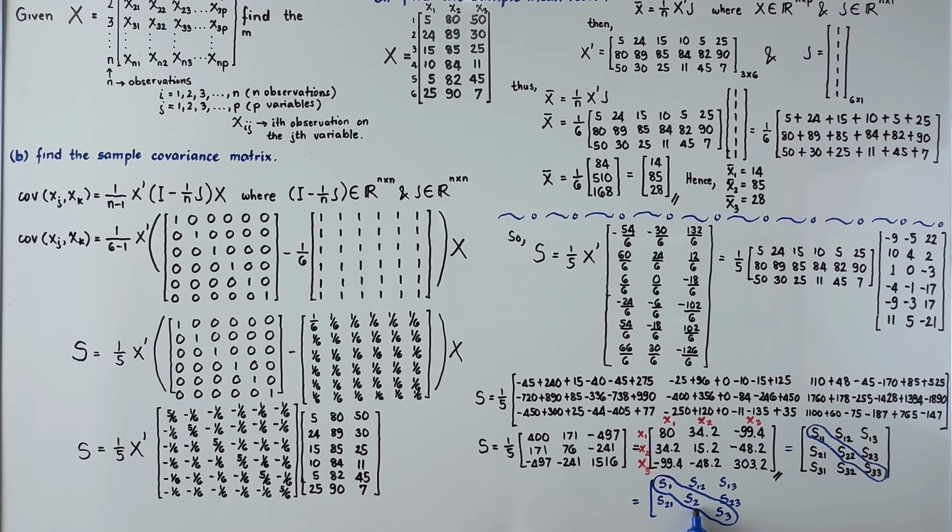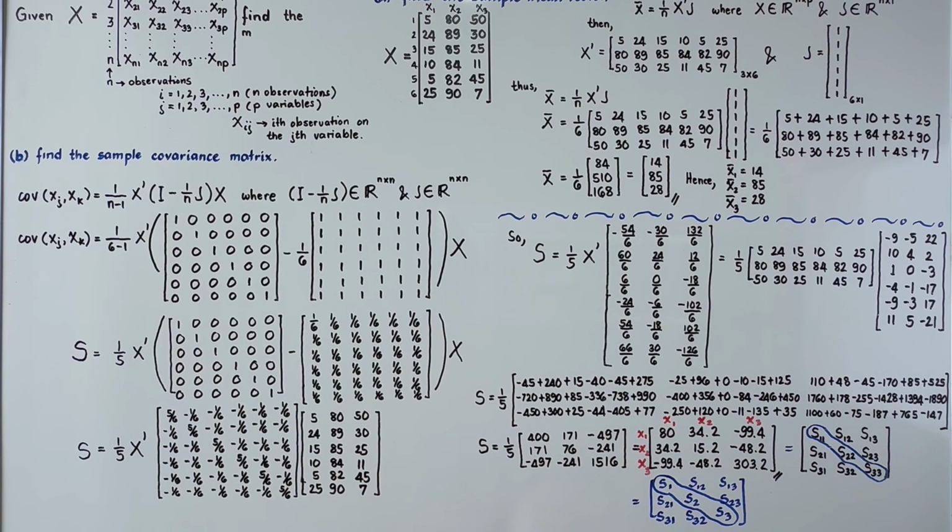So that's the variance of the second variable. So we have also here S31, because this is the covariance of the third variable and the first variable. This is the covariance between the third variable and the second variable here. So this is the general representation of a sample covariance matrix, wherein the main diagonal are the variances of the variables here.